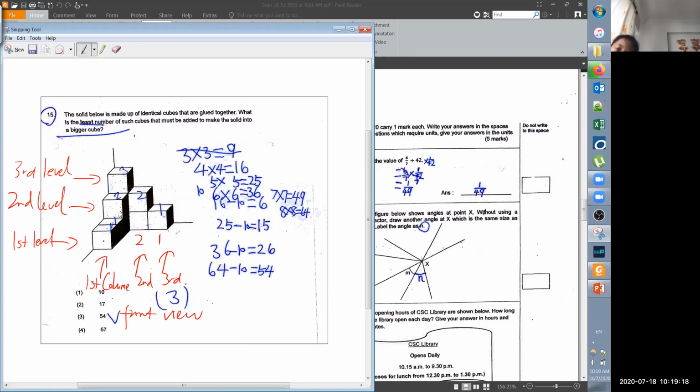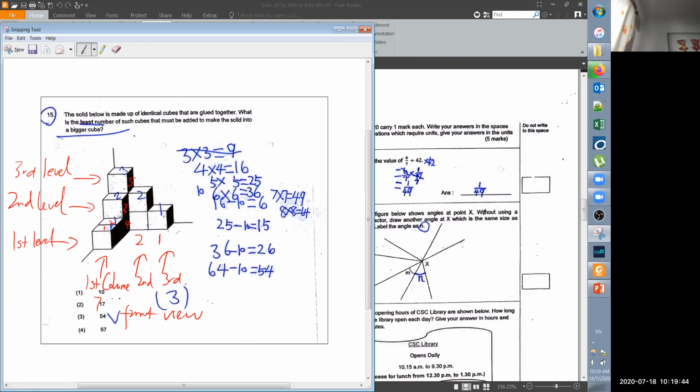So basically you have 1, 2, and then this is 3, 4. Am I right? And then inside, which is hidden, is 5, 6, and 7. So that means you have 7 for the first column.